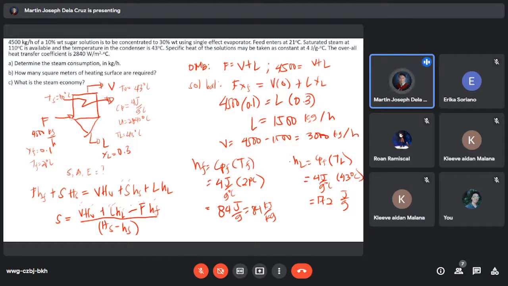And then, yung thermodynamic properties niya is naka-kilojoule per mole siya. So, gawin na lang natin yung kilojoule per kilogram. Okay? So, next. Meron na tayong HF. Meron na tayong HL. So, si HV na lang class. So, I want you to get your saturated vapor in thermodynamic properties of water. So, anong temperature siya? It's 43 degrees Celsius class. So, since naka-Kelvin yan, convert natin si 43 into Kelvin.